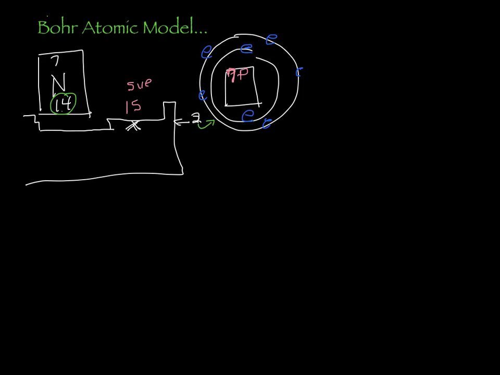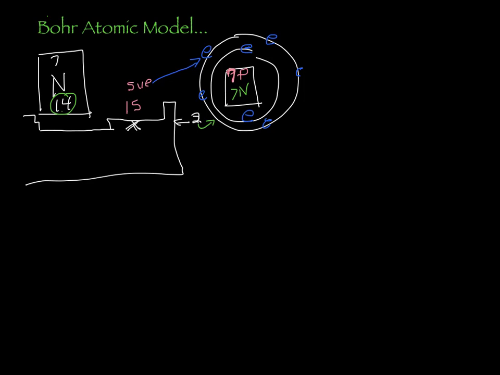If it has 7 protons, that means it must have 7 neutrons because 7 plus 7 is 14. So the valence electrons were determined by what column it was in, but we could also count. We know that in the first orbital there's 2, and that the second orbital can hold 8, and so 5 are in the second orbital.